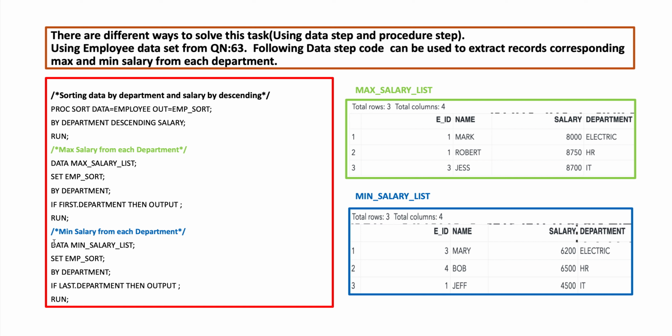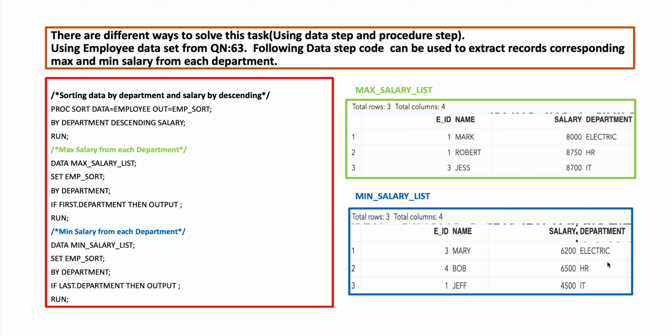When we run this last set of code, it displays the result as shown on the right side, second table, and the dataset name is min_salary_list. It displays only 3 records, one from each department, and it displays the minimum salary list from each department.